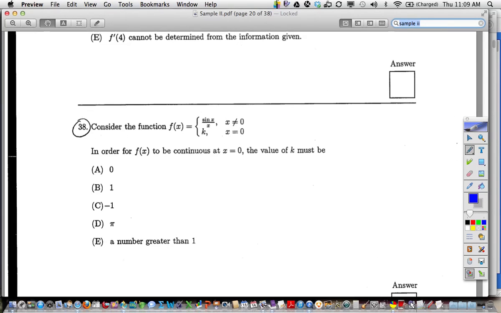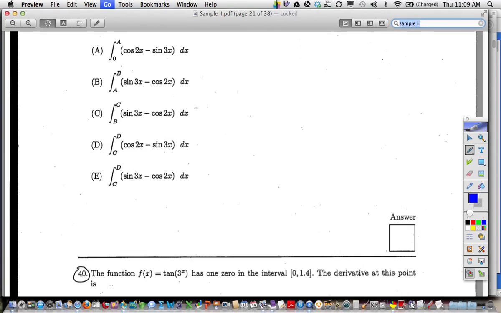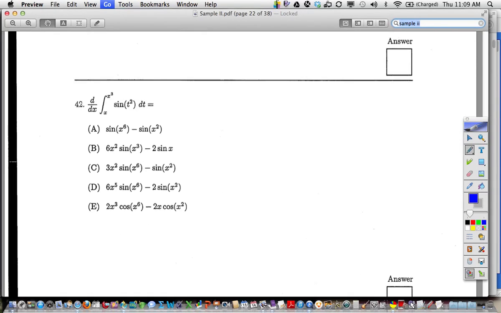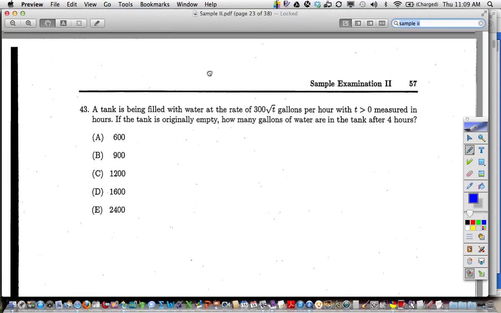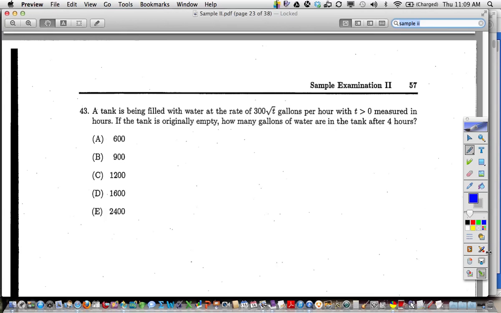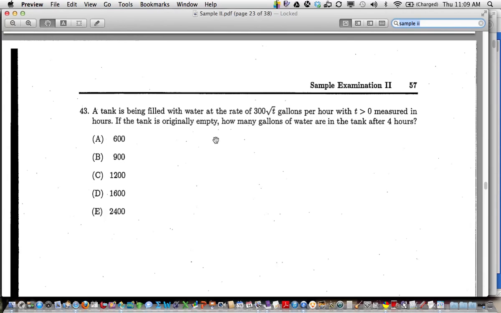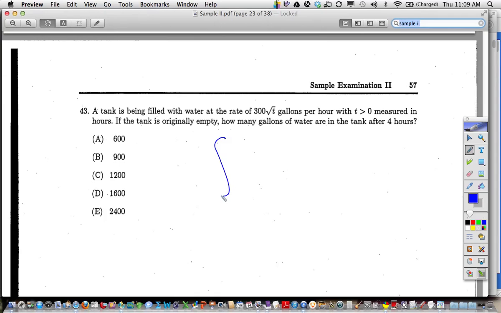Okay? Did we do this in class? Okay, very good. All I want to comment on then on this one is how I referred to this earlier. At the time we did this one in class, we had not talked about the rectangles yet. So when you go 300 square root of t dt, right?